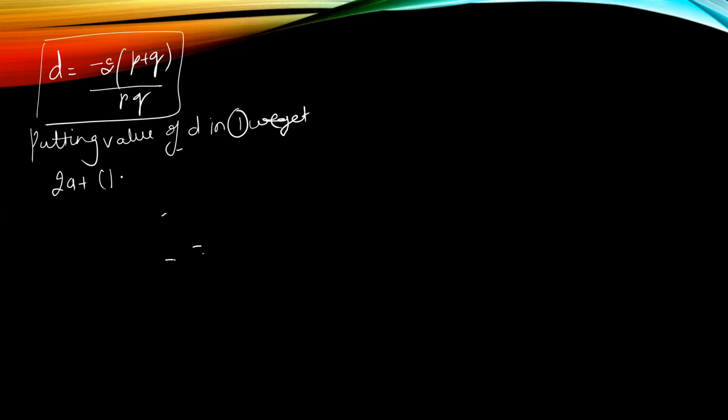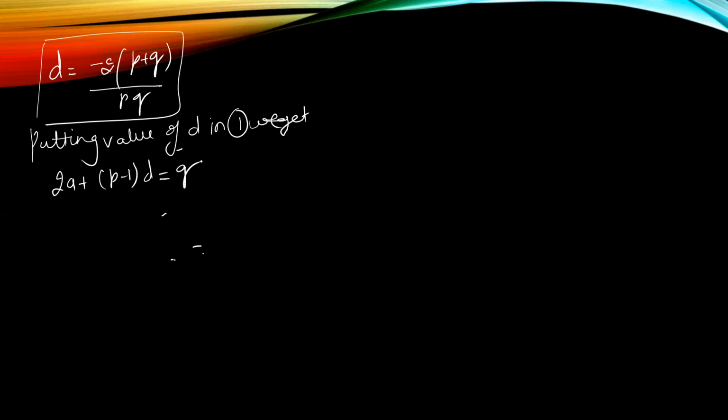Now putting value of d in any of the equation. So we generally put in equation number 1. So I'm doing the same. What we'll get? It was, if I'm not wrong, 2a plus p minus 1d equals to q, I guess, right?